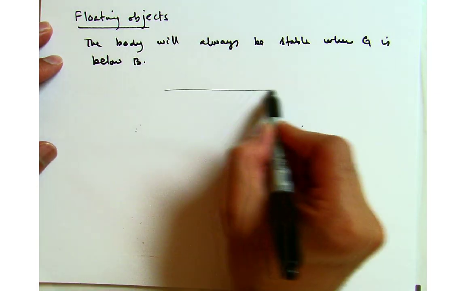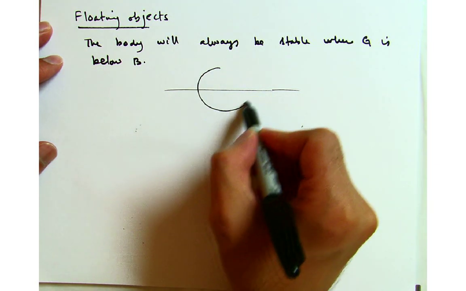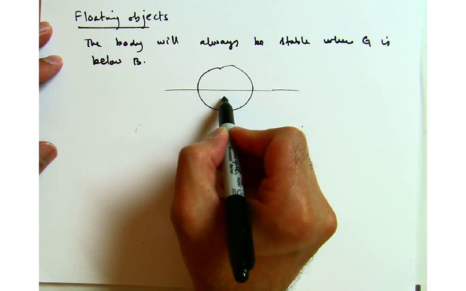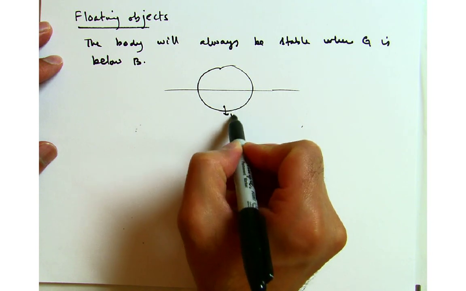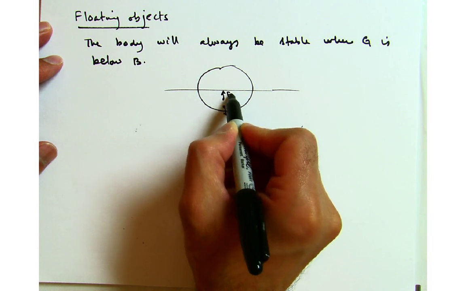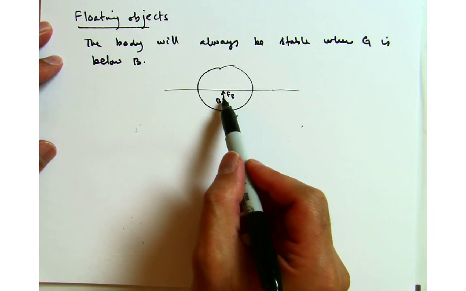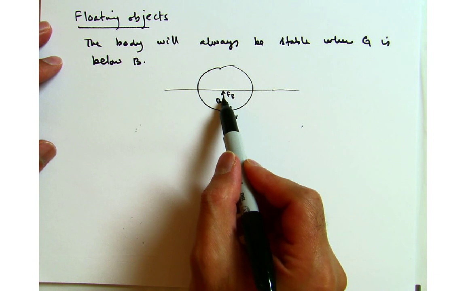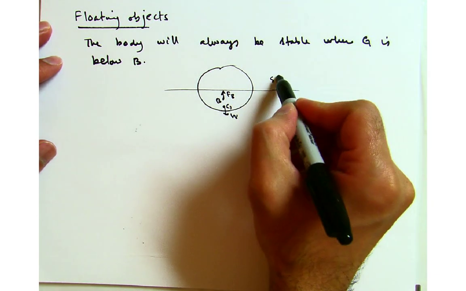If this is your fluid layer, and somewhere over here you have this floating object, as long as the weight is acting below, this is your G, and somewhere over here is your buoyancy force, and this is the point B. So when G is below B, it will always be stable.